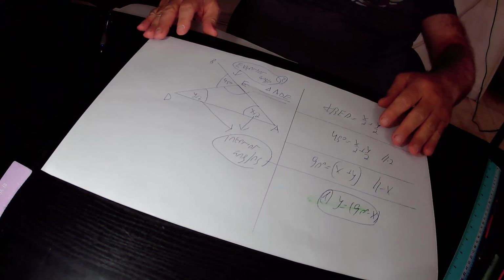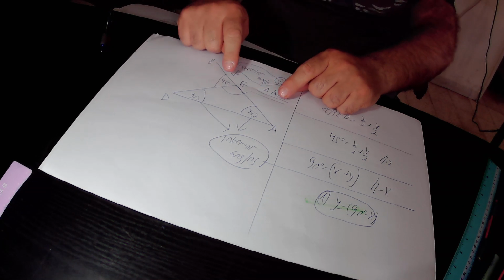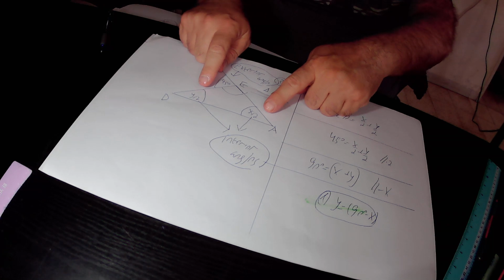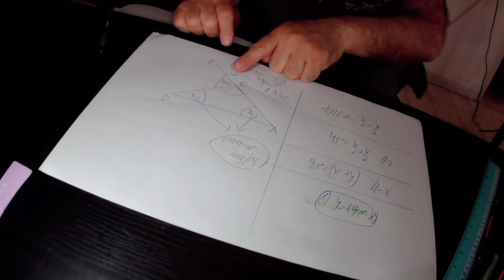So we can implement rule 4 in our drawing. Why? Because in our drawing we have triangle DEA. Those angles, y over 2 and x over 2, are all defined as the internal angles, and this is angle BED that is defined as an external angle.